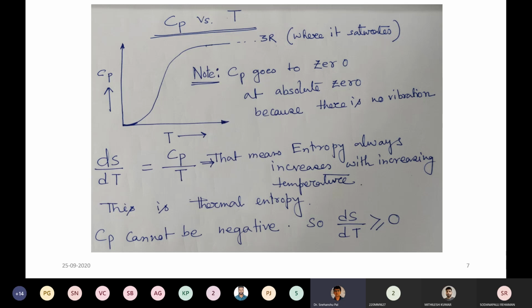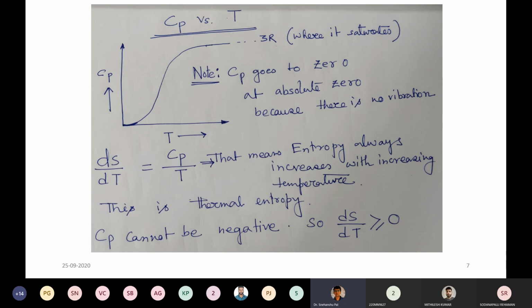Now if we plot Cp with respect to T, at T equal to 0, Cp is 0, and slowly it will increase. But the question is, why is Cp 0 at 0 Kelvin, or absolute 0? Because there is no vibration.